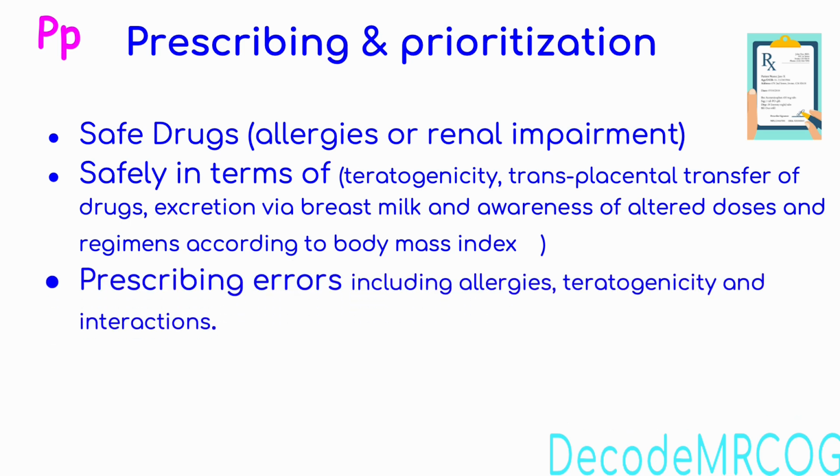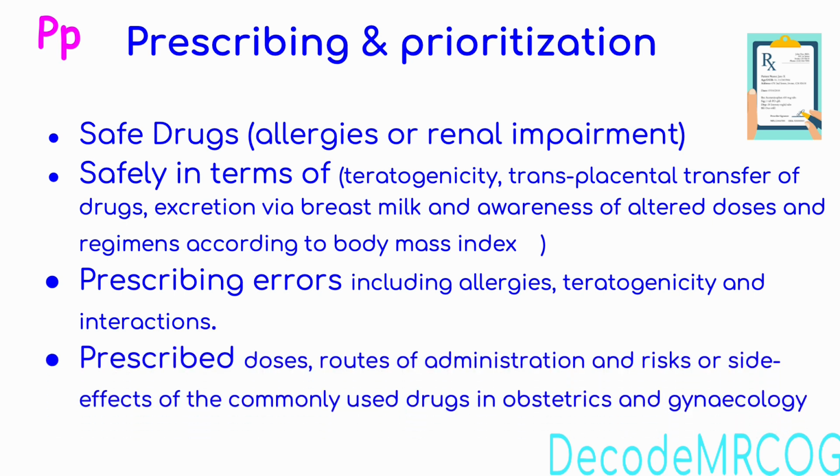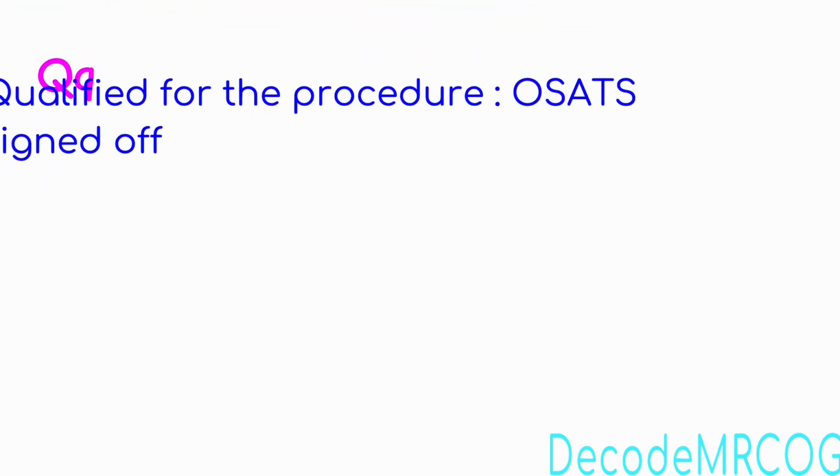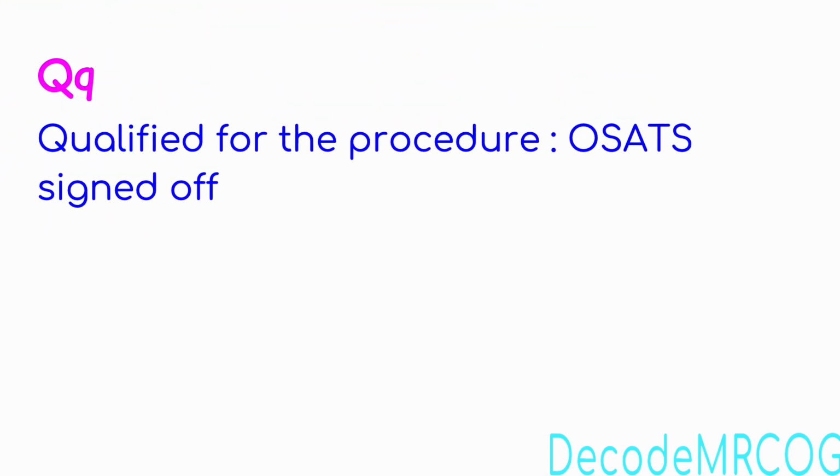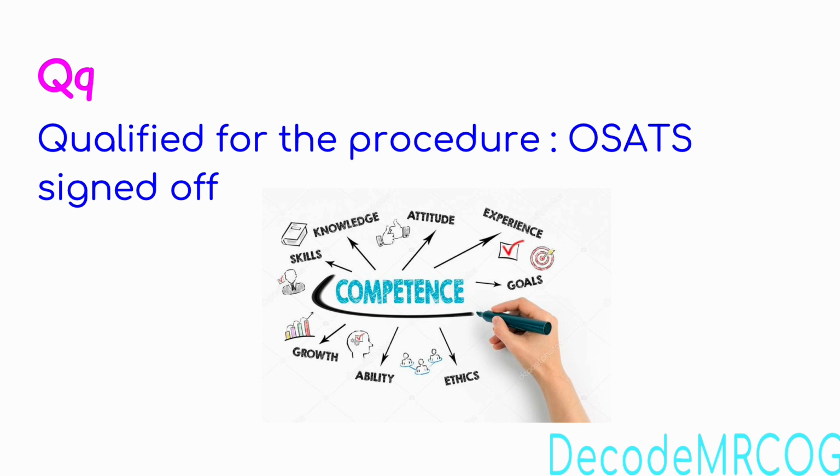Prescribing errors including allergies, teratogenicity, and interactions. Prescribed doses, routes of administration, risks or side effects of commonly used drugs in obstetrics and gynaecology. Q. A qualified personnel should be doing the procedure. Signing off OSATs, that is, competence achieved.